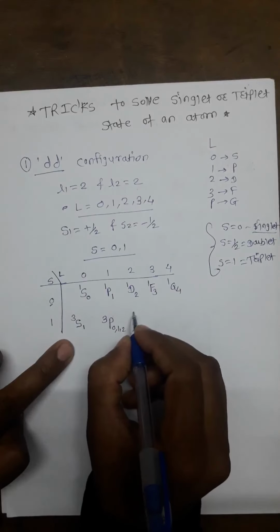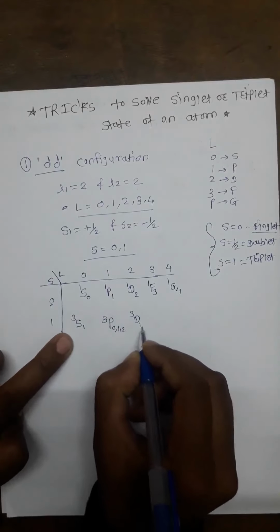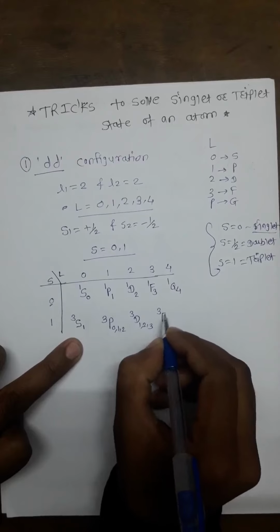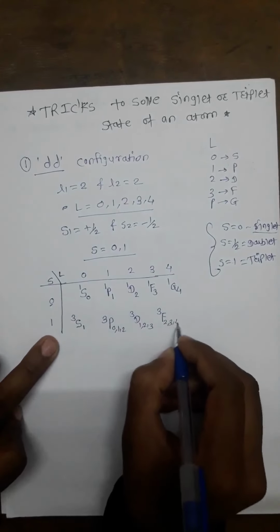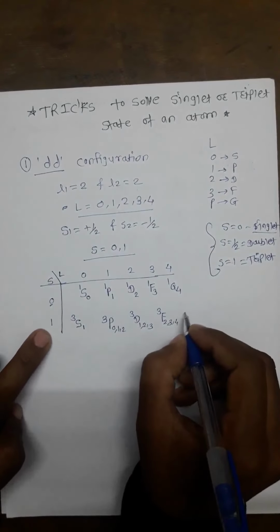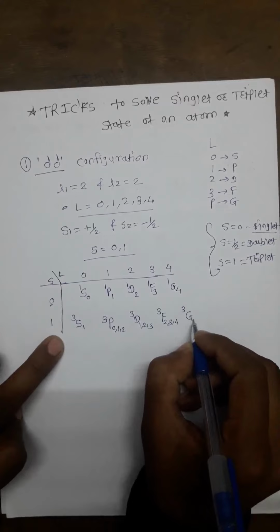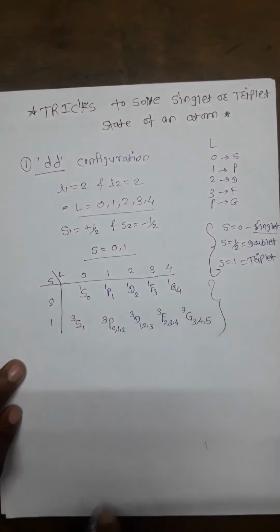The third state is 3D with J 1, 2, 3. The next state is 3F with J 2, 3, 4, and the next state is 3G with J 3, 4 and 5.